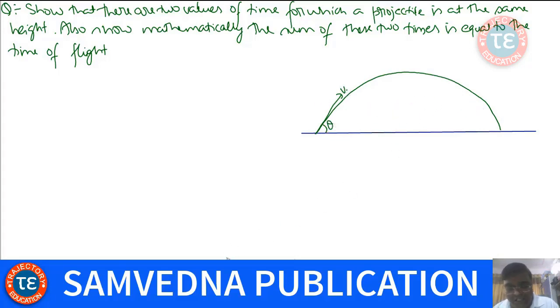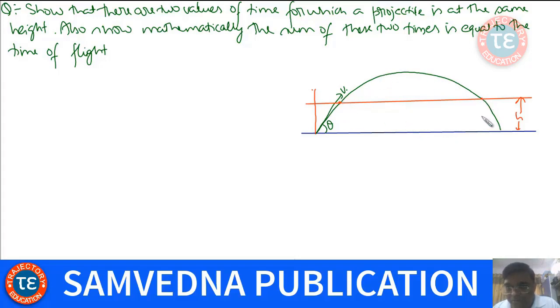Then if you take any height, suppose I take this height, the body is lying at this height at two time instants. At one time instant body is here, and next time the body reaches the same height at this point.